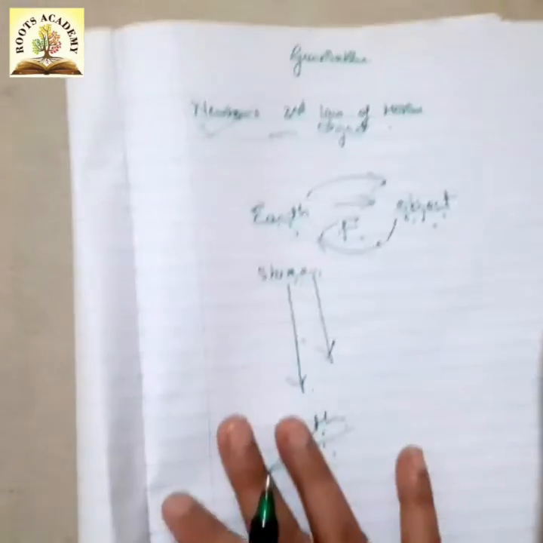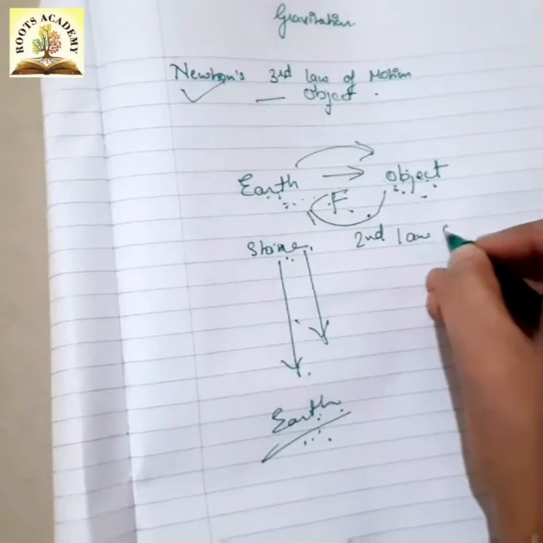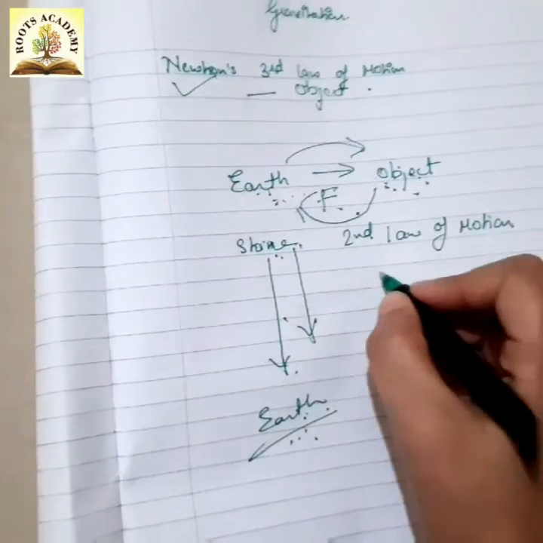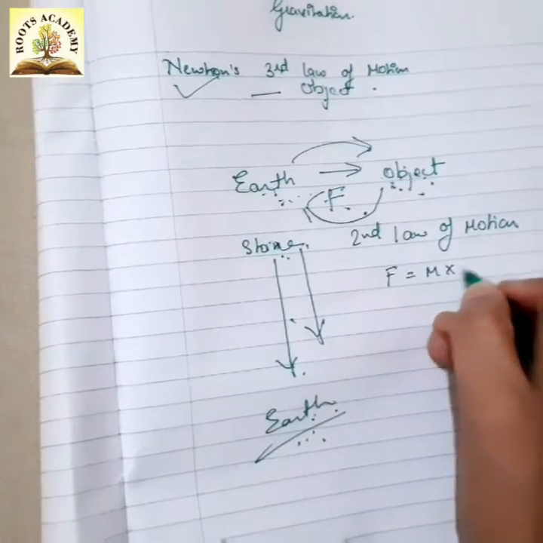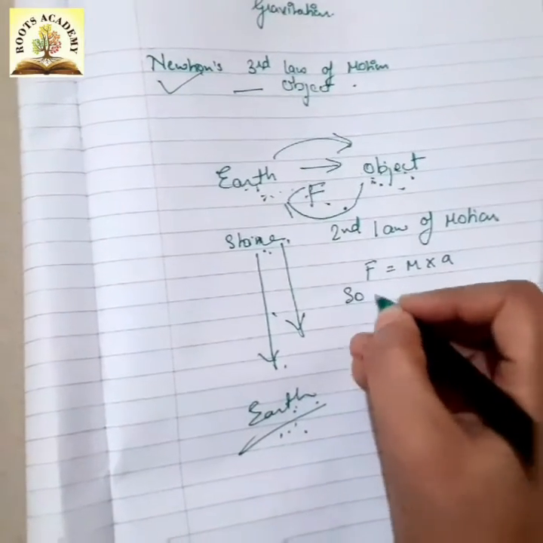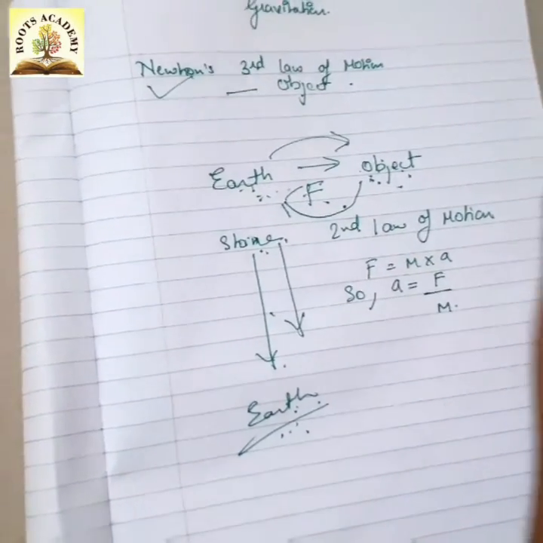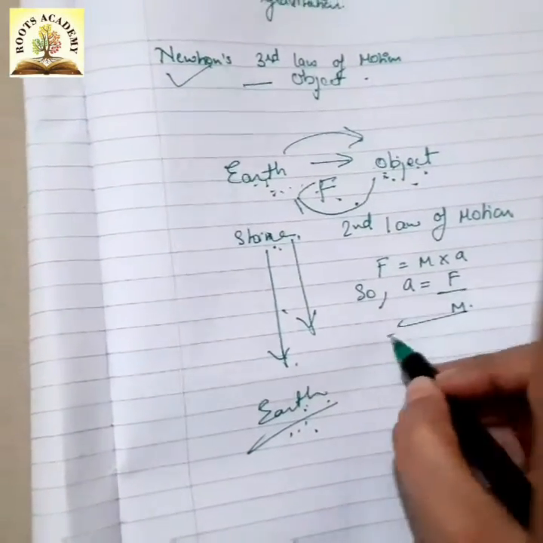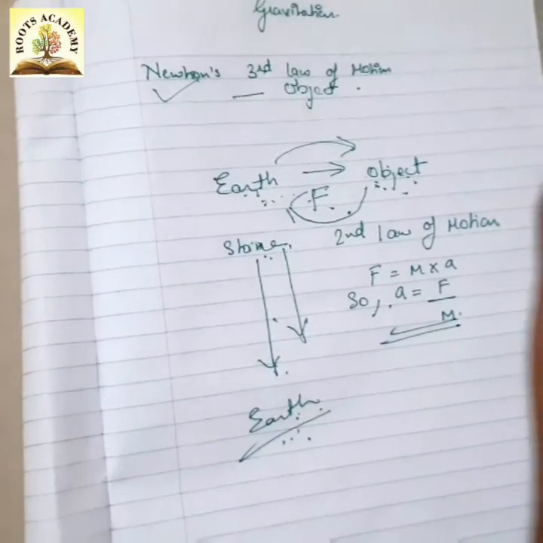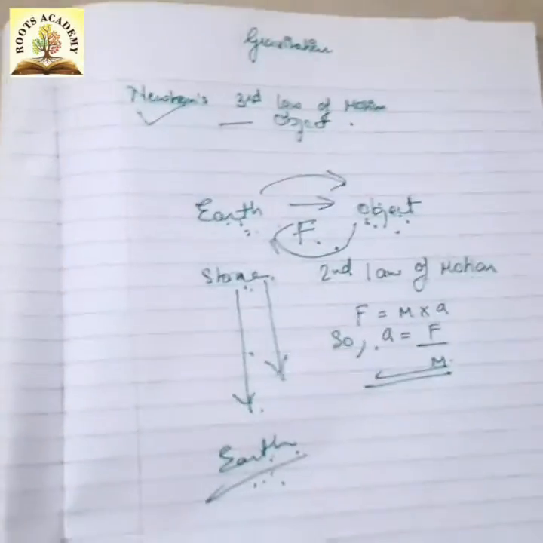Let's figure that out. According to the second law of motion, there was one formula that you learned: force equals mass into acceleration, right? So acceleration equals F upon m. This formula tells us that acceleration is inversely proportional to mass.